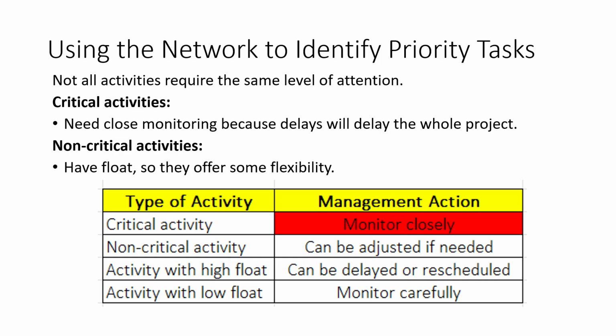The project manager may delay or adjust these activities within the available float without affecting the project completion date. For example, if activity B has 2 days float, the project manager can delay it by 1 day if needed. But if activity C has zero float, it must be completed on time. This helps the project manager prioritize attention and also resources.